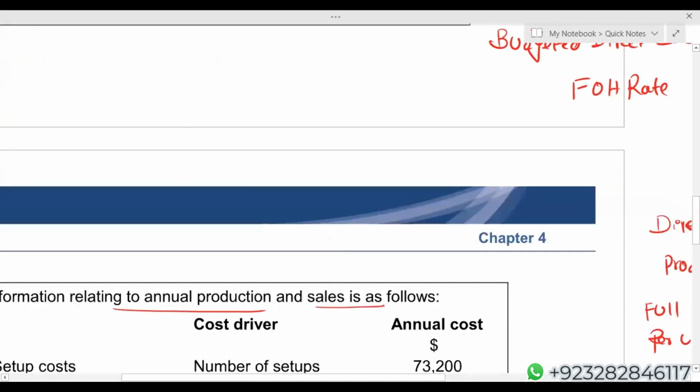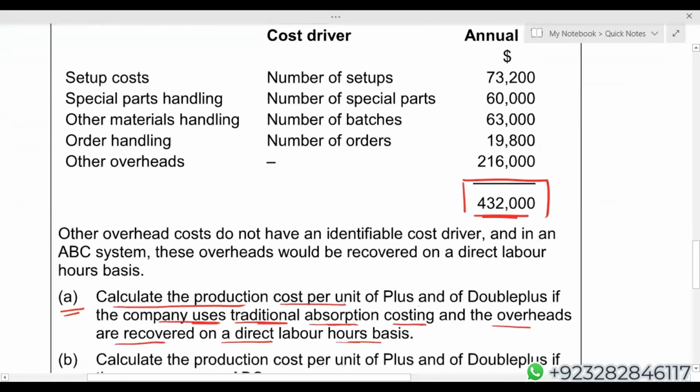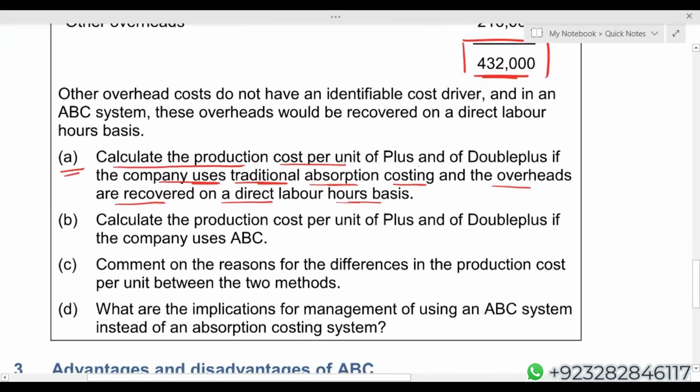Okay, now let's read requirement B. Calculate the production cost per unit of plus and double plus if the company uses ABC. A very important concept: whether the company is using absorption costing or ABC, direct cost will not change.